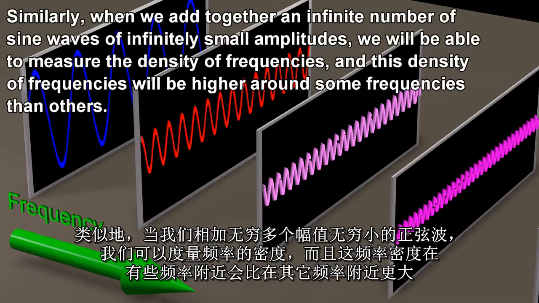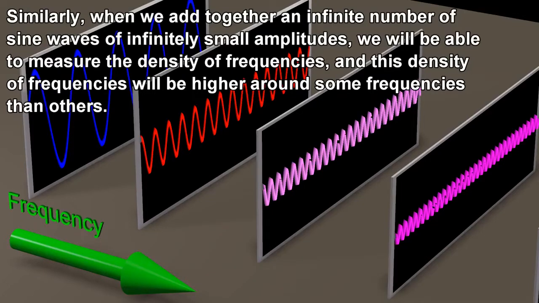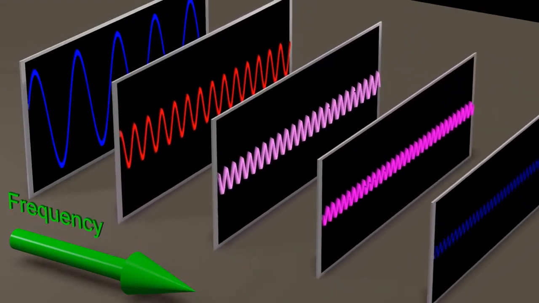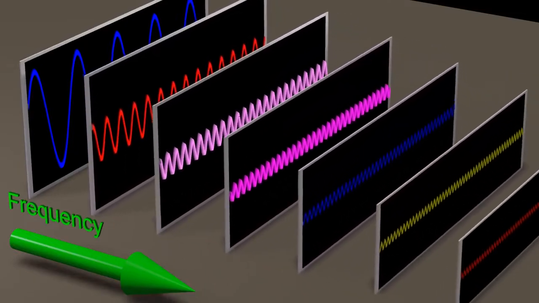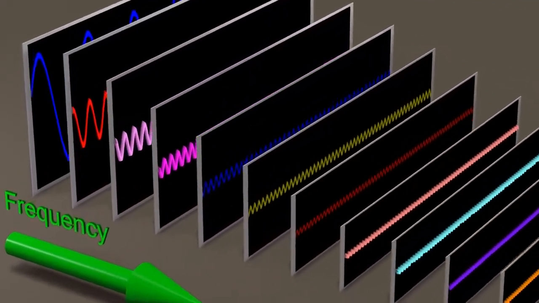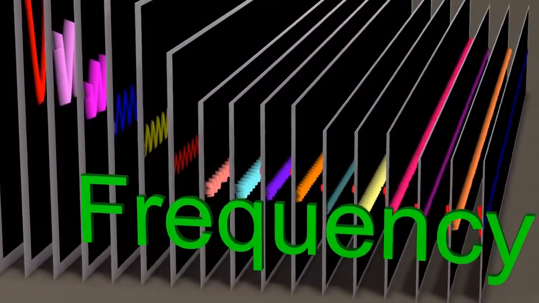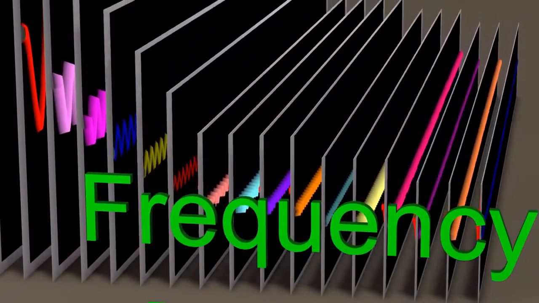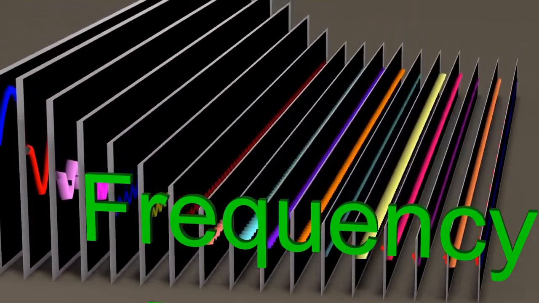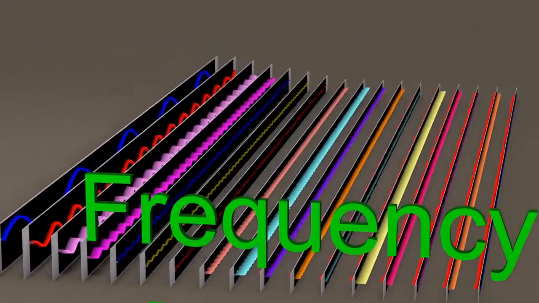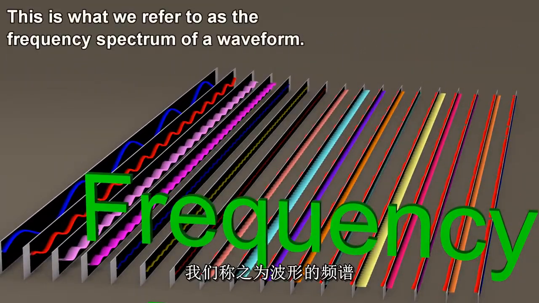And this density of frequencies will be higher around some frequencies than others. This is what we refer to as the frequency spectrum of a waveform.